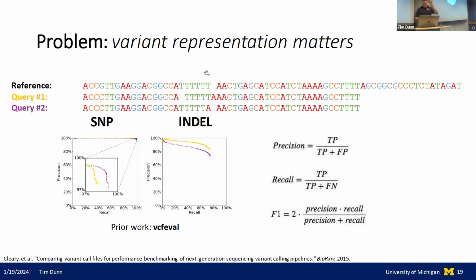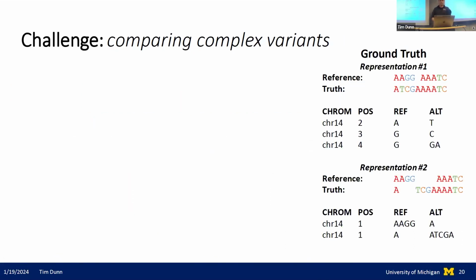And even though the reported sequence is exactly the same, because of the variant representation, one pipeline seems to do much better on indel precision, but worse on SNP recall. So that's the motivation for why variant representation matters in the area of genome sequencing evaluation.